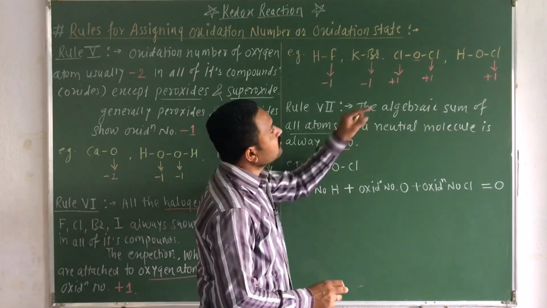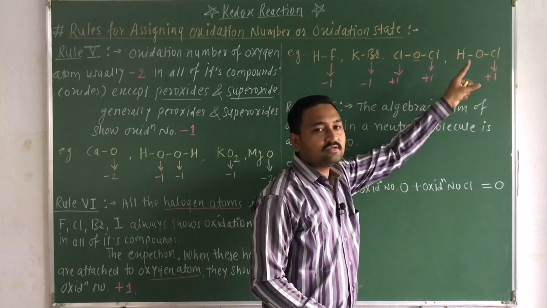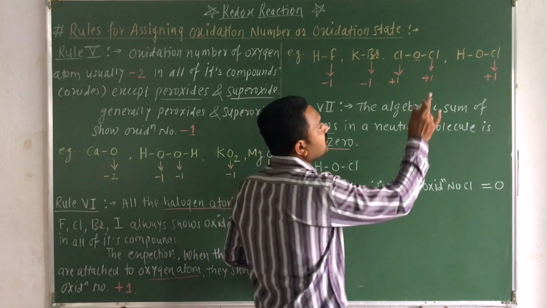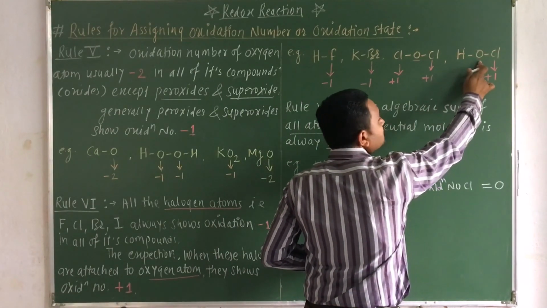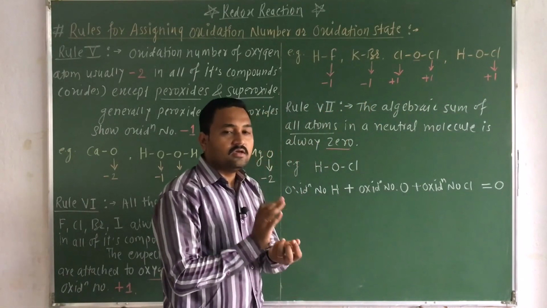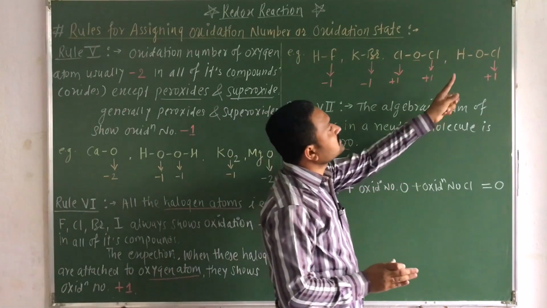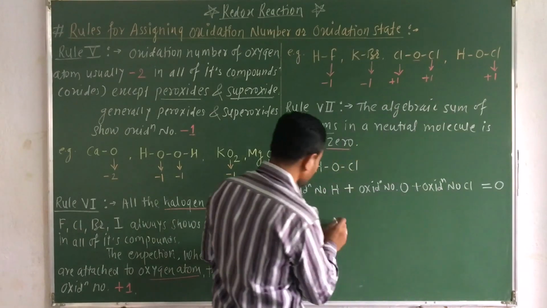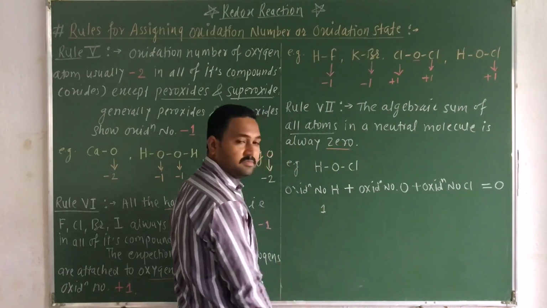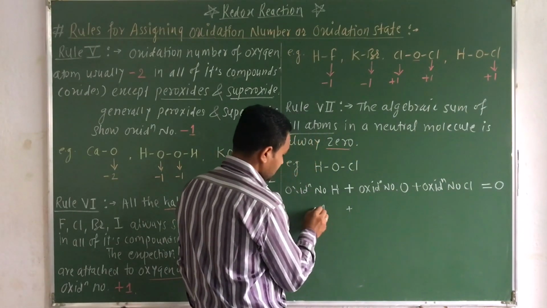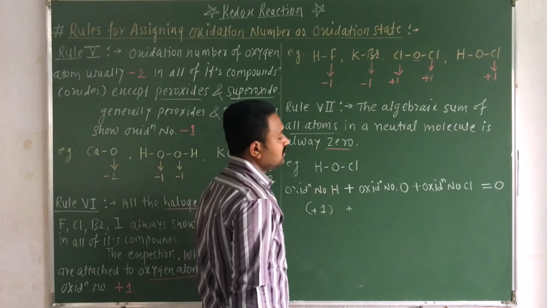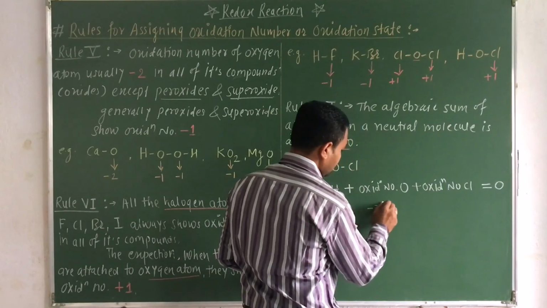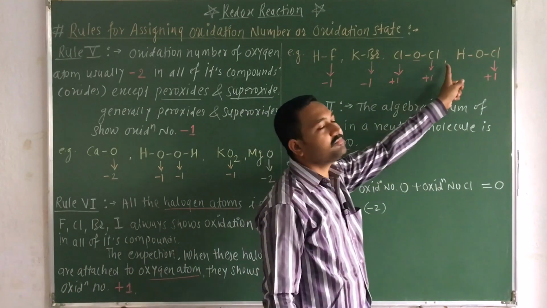Now we have already studied the rules for this one. Let us find out whether that oxidation number is 0 or not. We know that the hydrogen atom, when it is attached to a non-metal, obviously its oxidation number will be +1. So here its oxidation number will be +1, okay. I will show it as a +1. Oxidation number of the oxygen atom is -2, okay, because it is not a peroxide ion.